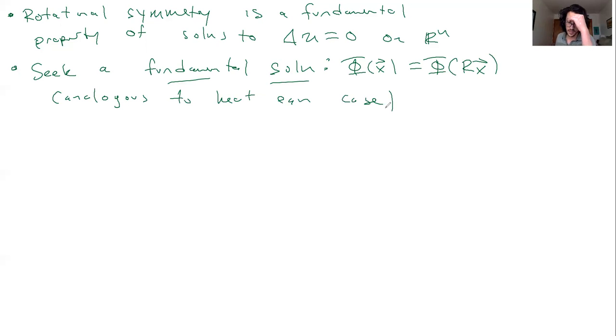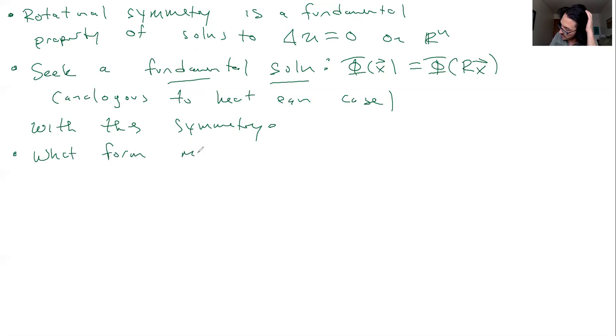That's what we'll do in the next lecture with this symmetry, okay? And so the question then is, what form must this solution take, okay? Stop and think about that for yourself. Anything that's rotation symmetric, right?